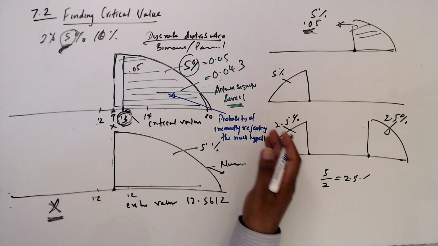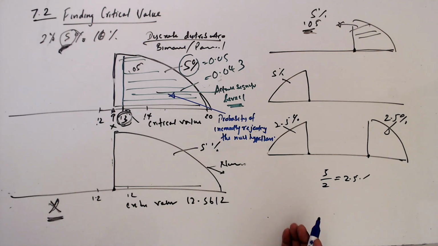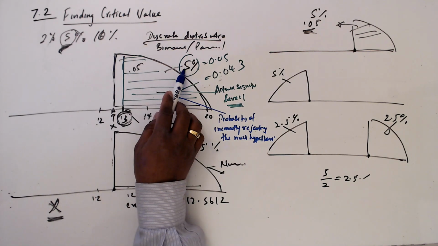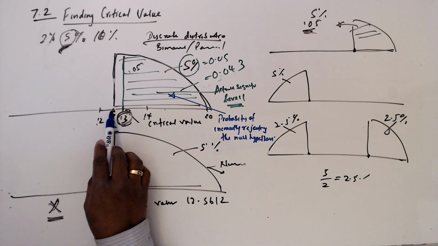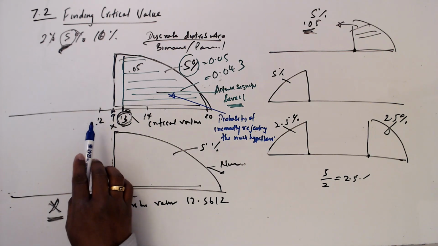If somebody asks what is actual significance level, you know what is the meaning of actual significance level. Because you can't take the given significance level 5% because 5% lies in the middle, but the variable is going 12 to 13 to 14.